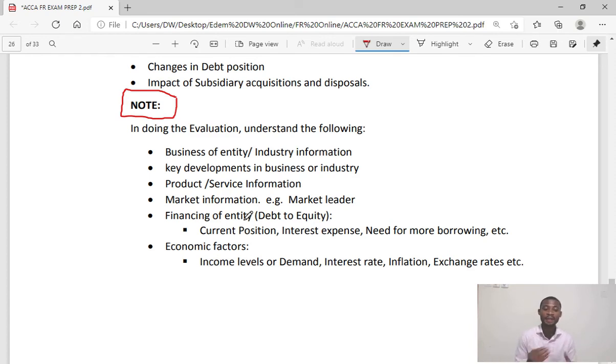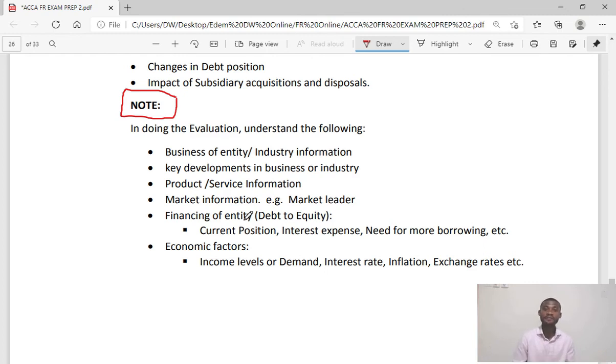Or you're looking at market information. Maybe the entity is a market leader, or you are given information on the financing, so debt to equity. What is the current position? What is the amount of interest? Is there a need for borrowing, and so on? And then generally, what are some of the economic factors? In the general economy, are we having income levels going up, or demand falling, or interest rate increasing, which will result in a higher cost of borrowing?